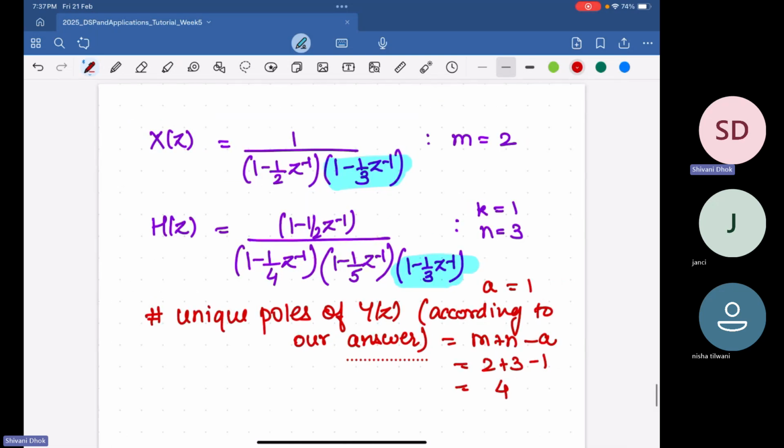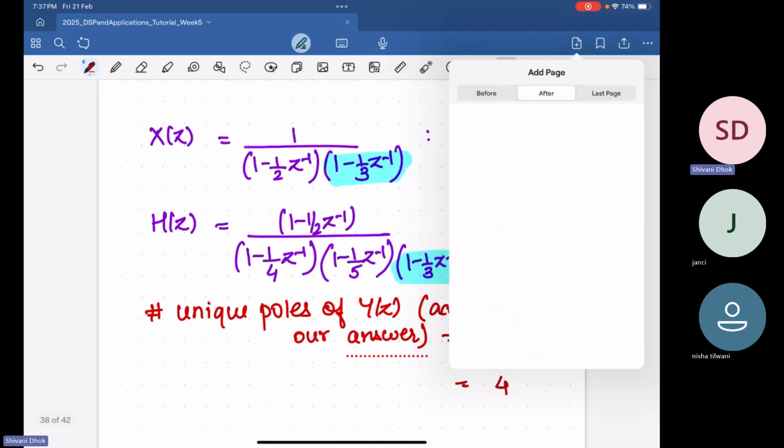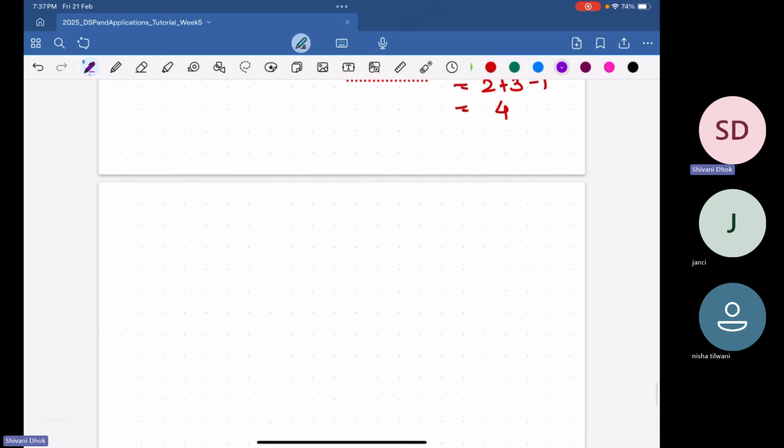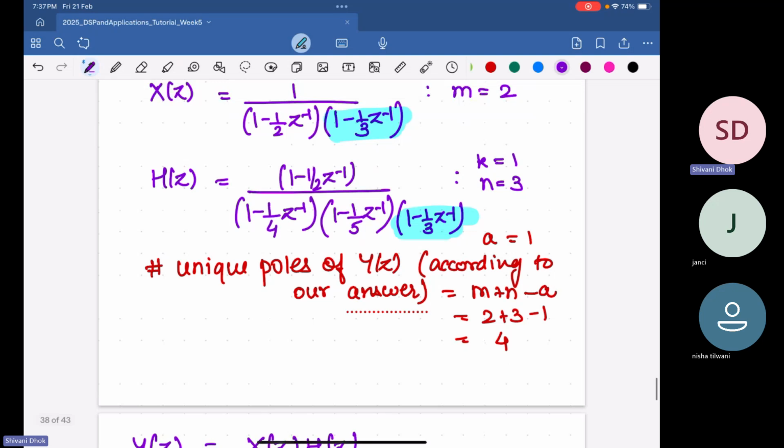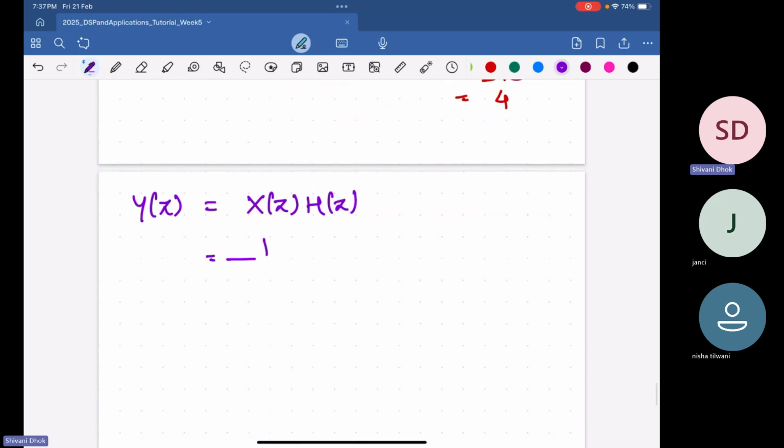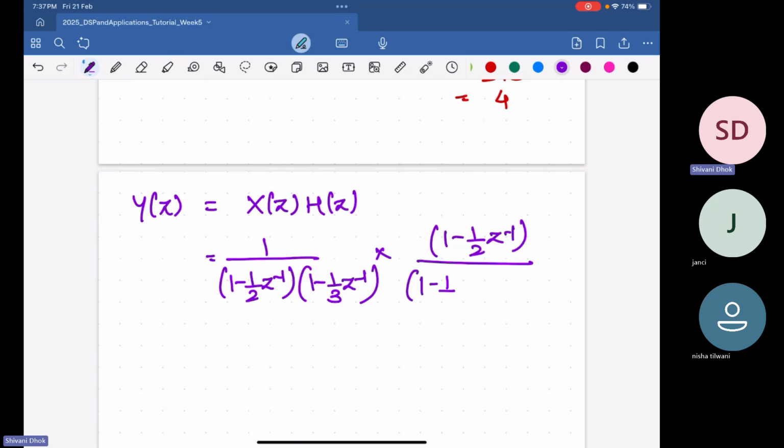Now let us get our Y of z. So Y of z is X of z into H of z. This is equal to 1 upon 1 minus 1 by 2 z inverse into 1 minus 1 by 3 z inverse, multiplied by 1 minus 1 by 2 z inverse upon 1 minus 1 by 4 z inverse into 1 minus 1 by 5 z inverse into 1 minus 1 by 3 z inverse.